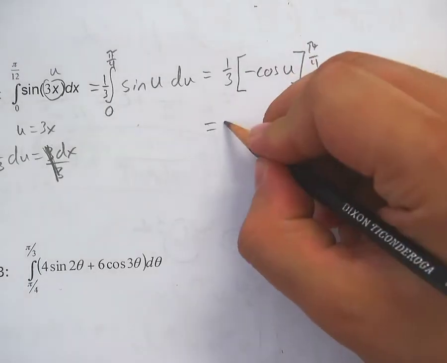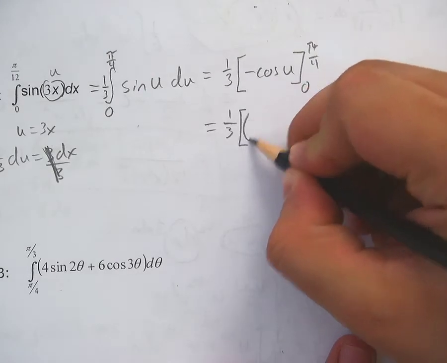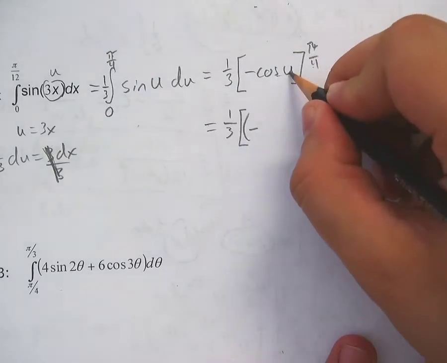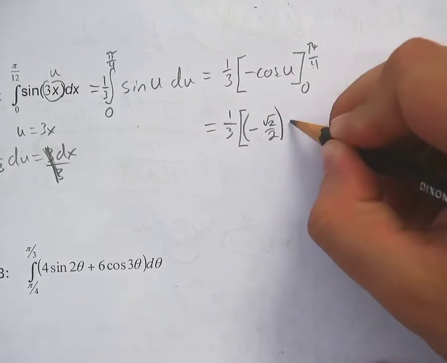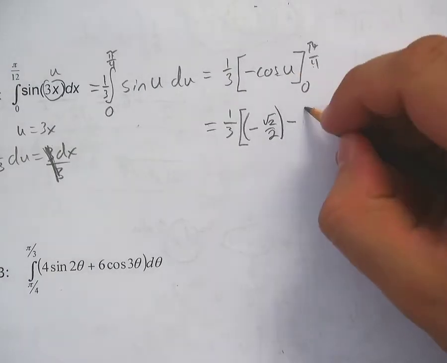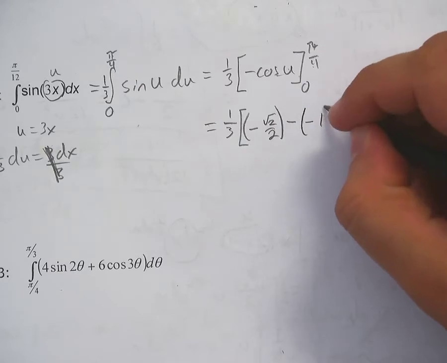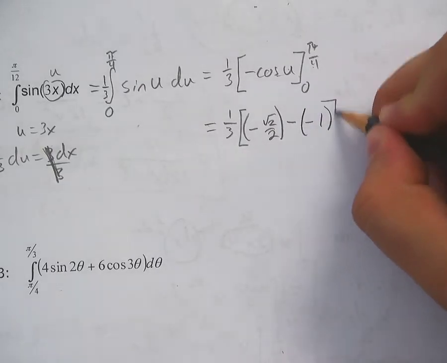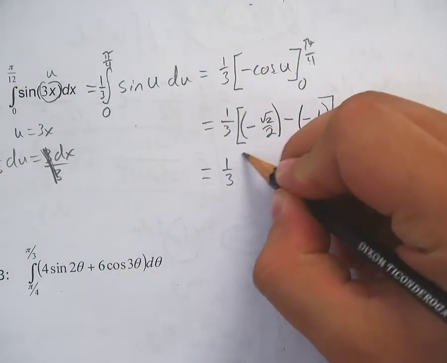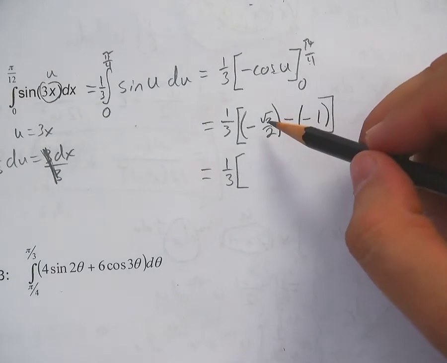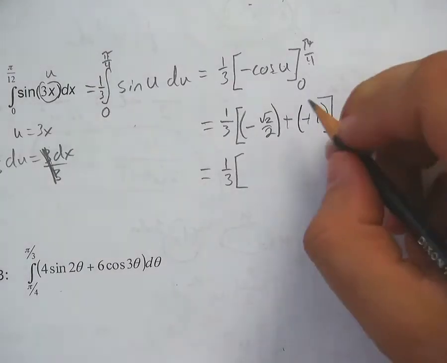So let's see here. It's going to be 1/3 f of b, so this will be negative cosine of pi over 4. Cosine of pi over 4 is the square root of 2 over 2, minus a negative cosine of 0, which is 1. So 1/3 times, now I've got a negative square root of 2 over 2 plus 1, basically, so plus 2 over 2.